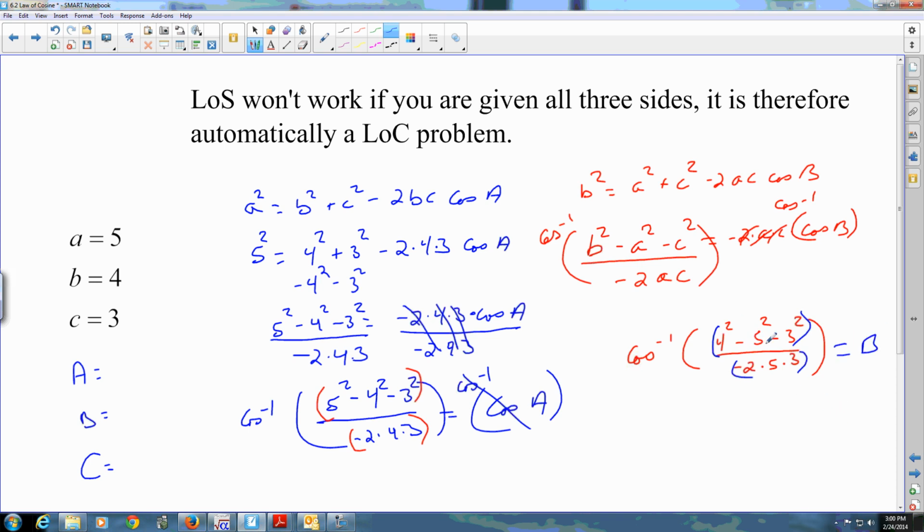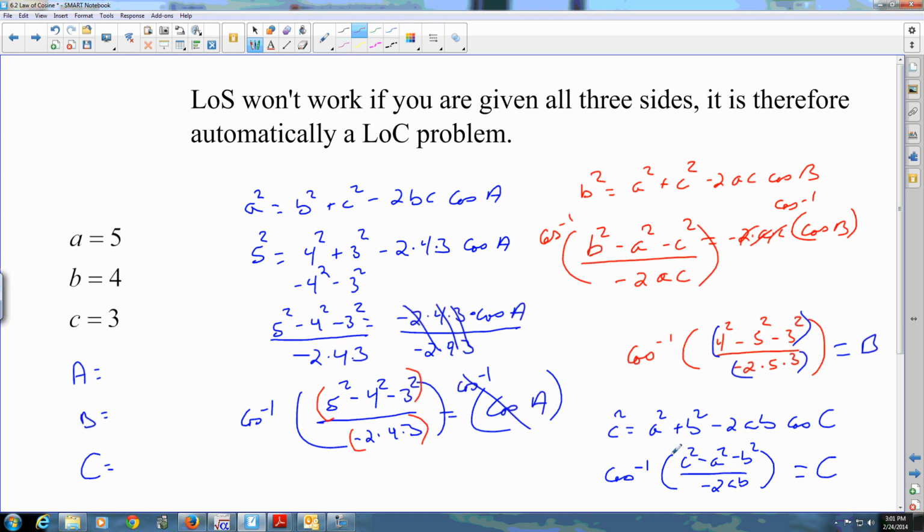Now that you have two angles, you could just subtract those two angles from 180 to get C. However, if either of those two angles are wrong, you're automatically going to be wrong for C. So once again, my advice is you set this up for C. C squared is equal to A squared plus B squared minus 2AB cosine of C. Solving it to look like this, it's going to be inverse cosine of C squared minus A squared minus B squared all over negative 2AB, which is going to be angle C. It really doesn't take long to type it in with parentheses.